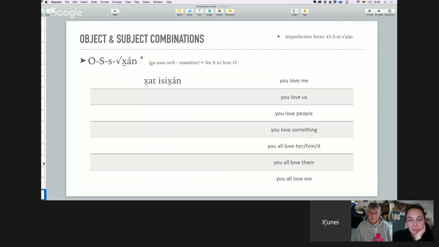Timuk, you love us. Cheesh. Ha second. Ha sachan. Cheesh. Kutchit, you love people. Chi sachan. A little bit unusual, but when you have k and eh, you get pi.